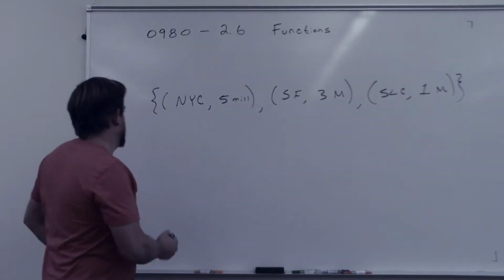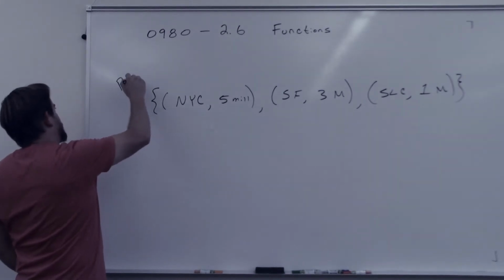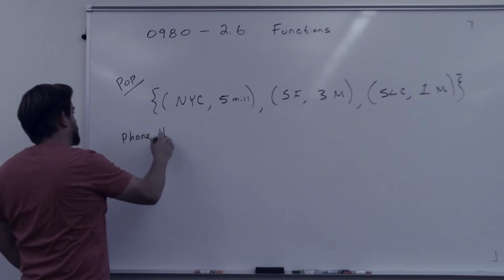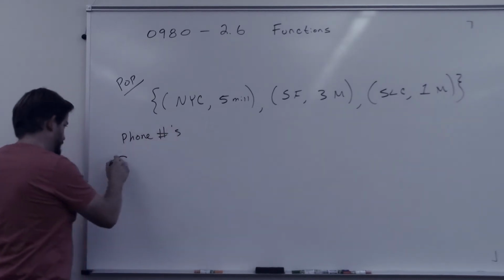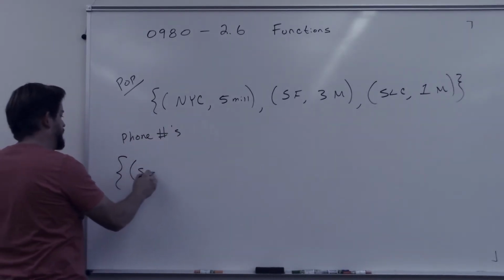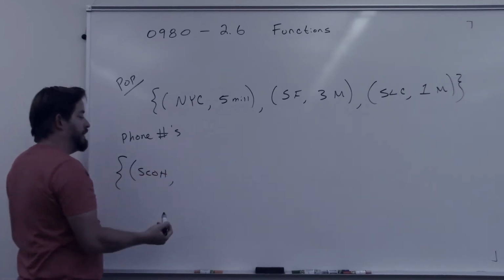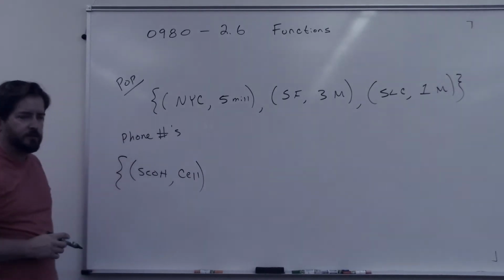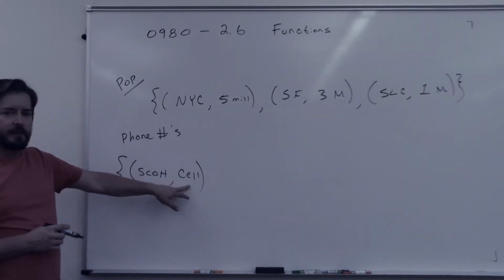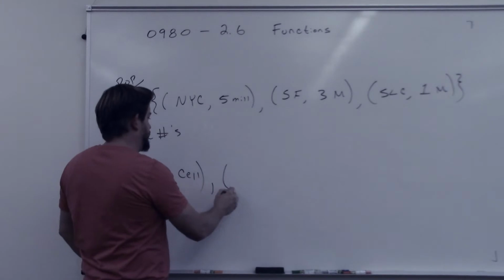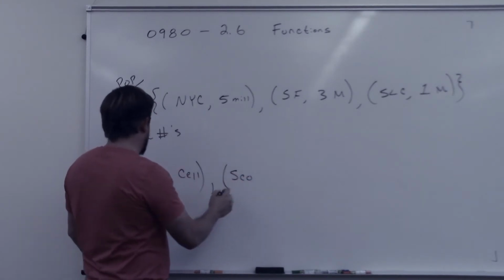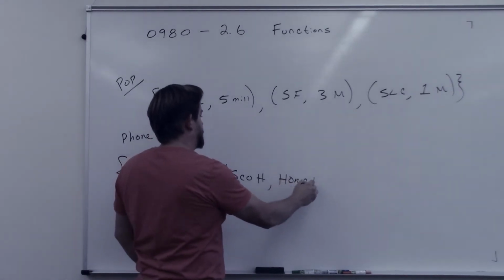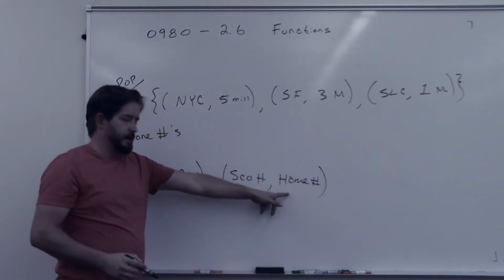Whereas, let's go with phone numbers instead of population. Let's say I'm an input, Scott. Well, I have a cell phone number. I'm not going to write it here because you don't need to text me at 2 in the morning. Nobody has this anymore, but let's say I had a home phone number.